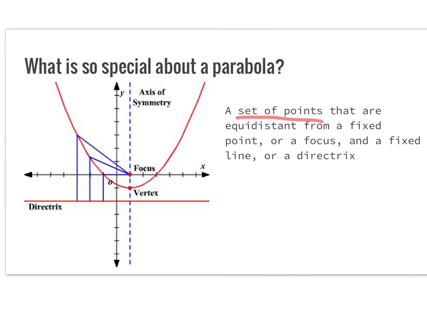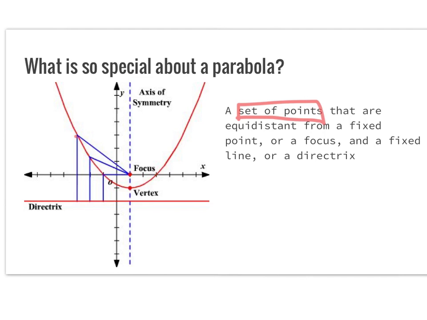Let me rephrase this mathematical definition in our own words. When they say a set of points, they mean that if you look closely enough at this graph, it's actually made of lots of points. But because there are so many points, it just looks like a line. So it's a set of points that are equidistant from a fixed point.